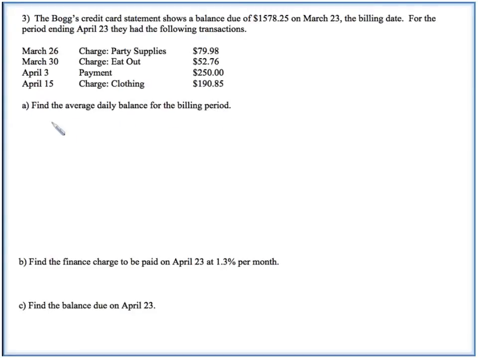So what I do to help myself stay organized is I make 4 different columns. One column is going to be for the date. One column is going to be for the balance. One column is going to be for the number of days, and then one column is going to be for the product.